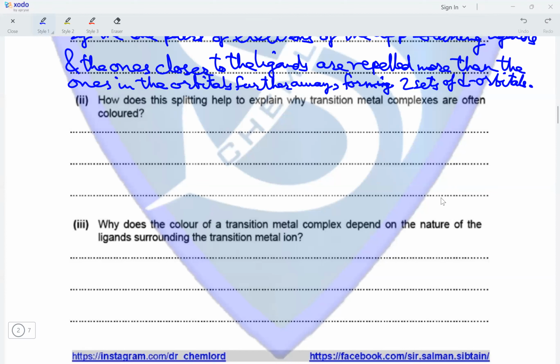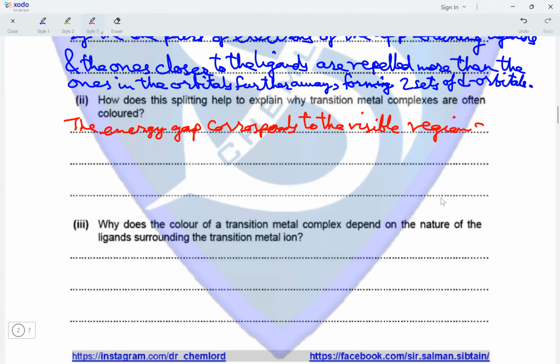How does this splitting help to explain why transition metal complexes are often colored? So, the energy gap corresponds to the visible region of the electromagnetic spectrum.